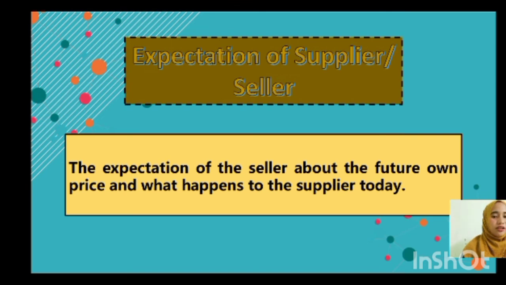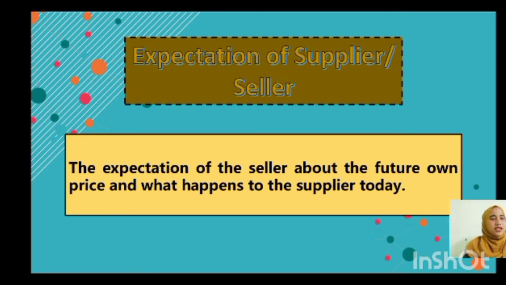The expectation of the supplier is about the future of the own price, kung magkano, ito yung expectation ng supplier kung magkano niya ibebenta in the future ang kanyang goods, no? And what happens to the supply today.